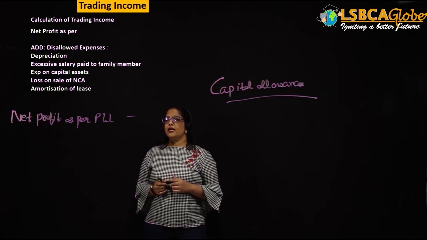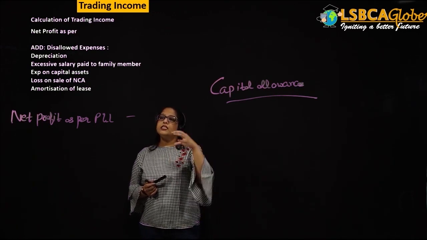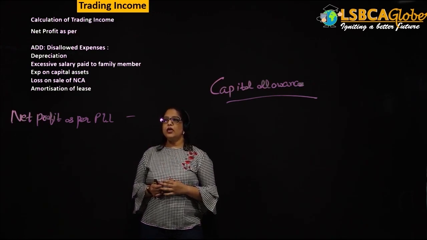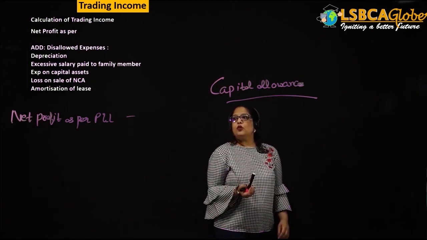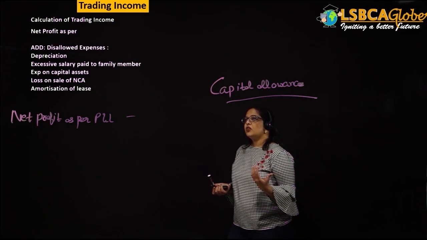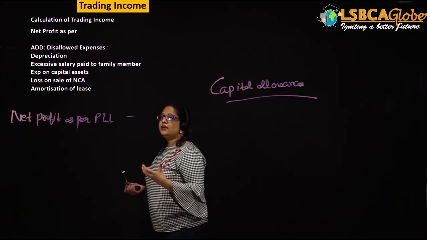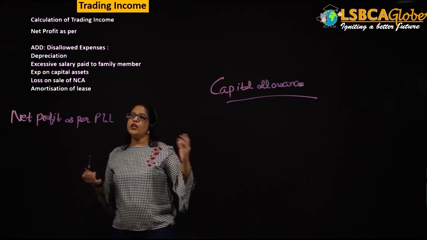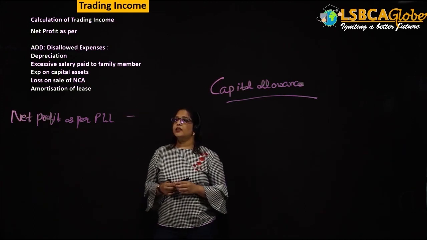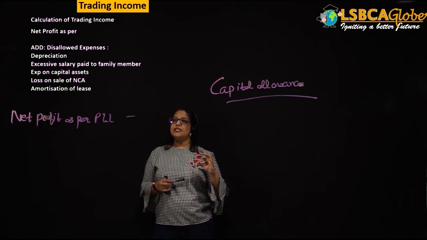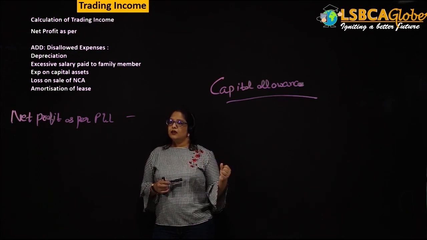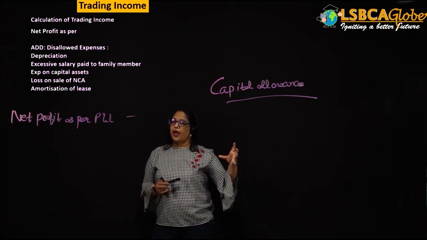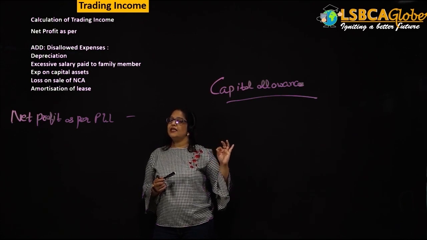Expenditure on capital assets. Now class, you know it's a trading income format. You will take only those expenses which are revenue in nature. So if any expenditure is capital in nature, just add it back. For example, expenditure on capital assets: add it back because it is capital in nature.